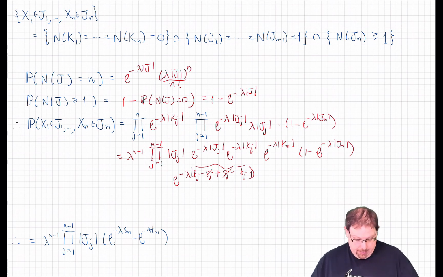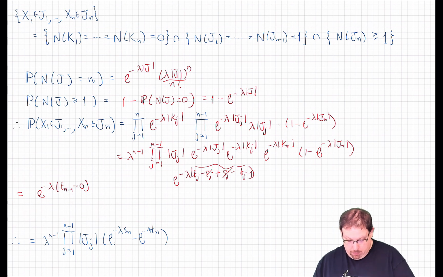So all of that is just going to reduce to e to the minus lambda times tn minus 1 minus t0, and t0 is just 0. That's all of these terms here, incorporated here in the product. What we're left over with is still this product here.